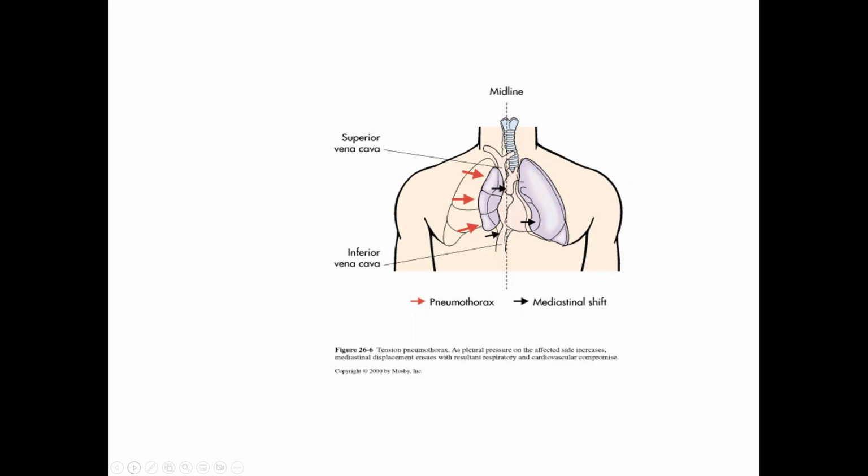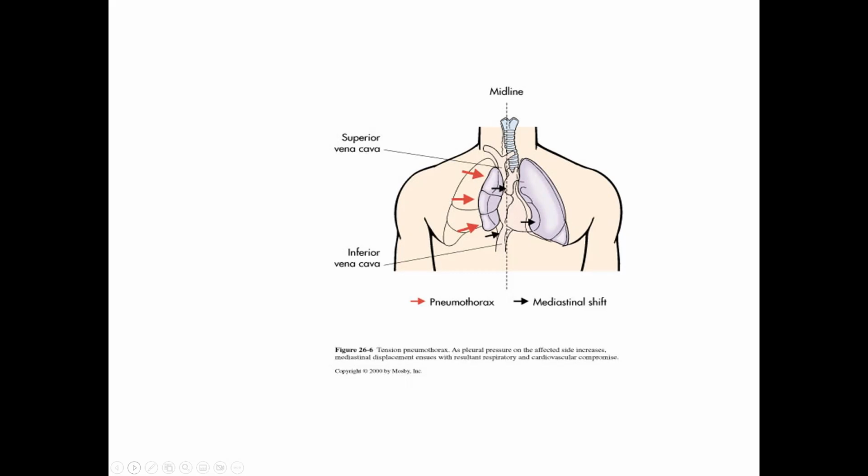So really, tension pneumothorax is referring to the pneumothorax getting demonstrably worse with each breath, as you might well see with positive pressure ventilation, where more air is going into the pleural space, outside of the lung, and compressing that lung.